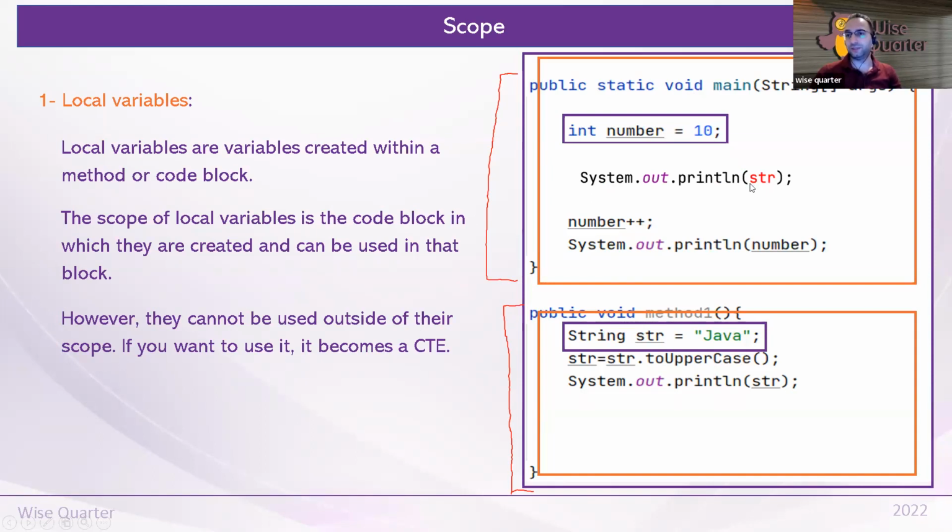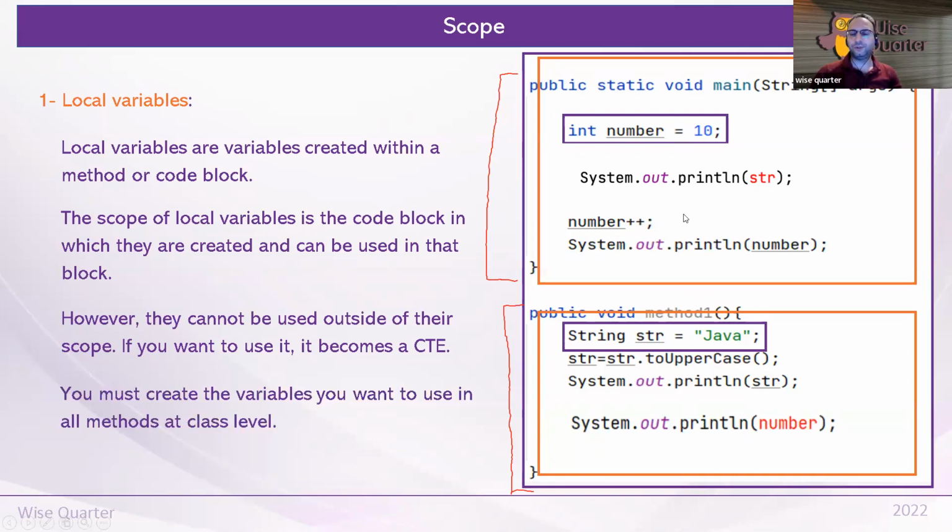There will be a lot of red things there. At the same time, if you try to print the value of number, which is created in the main method, in other method, there will be a lot of angry faces there. Java will get angry with us, and we won't be able to use it. Hey man, we do not know where the number is from, or we cannot reach it. Things like that may happen.